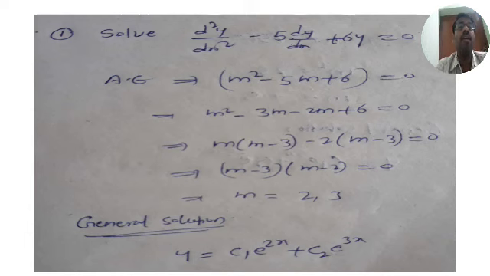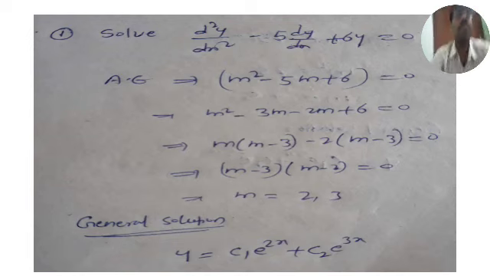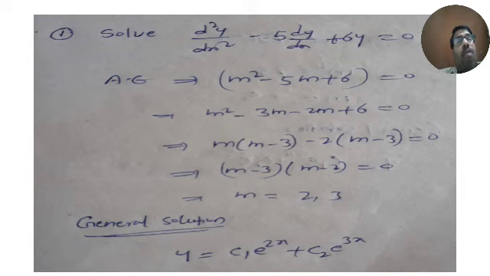Now the first problem of mine is: solve d square y by dx square minus 5 into dy by dx plus 6y is equal to 0. You see, right hand side it is 0, therefore it is homogeneous. d square y by dx square term is there, therefore it is second order.